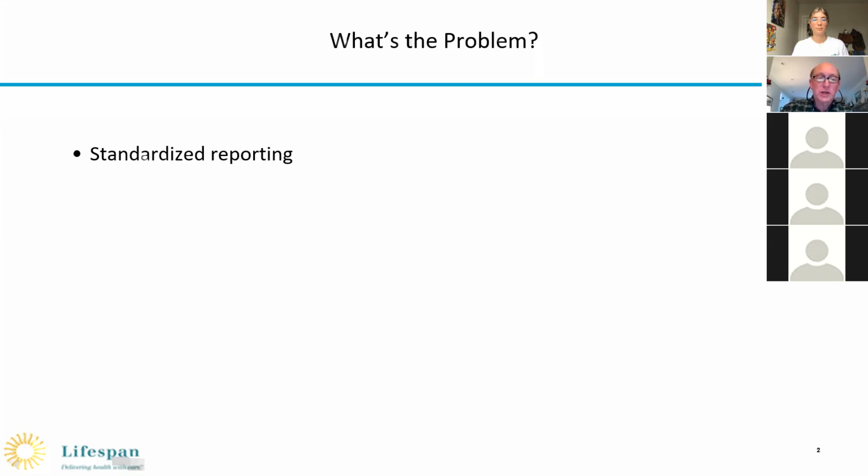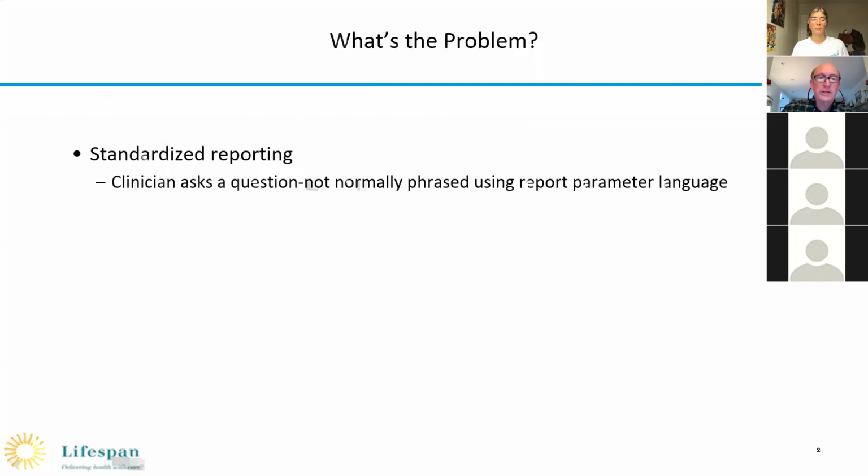And of course, we do have a reporting team, but it's quite busy, as you can imagine. And so Epic has tried to solve this problem by having standardized reporting. You might ask a question in a way that's not using standard language in terms of the way we think about queries, and that would be totally understandable.